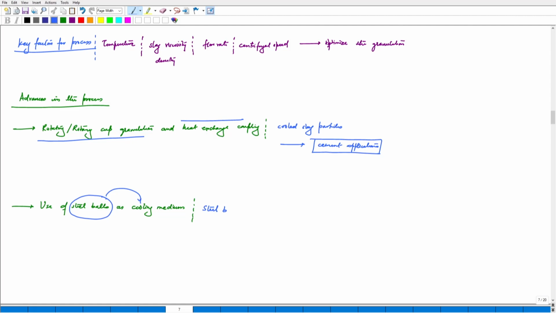Steel balls help in heat transfer and slag granulation. So this is all about the thermal route of heat extraction.